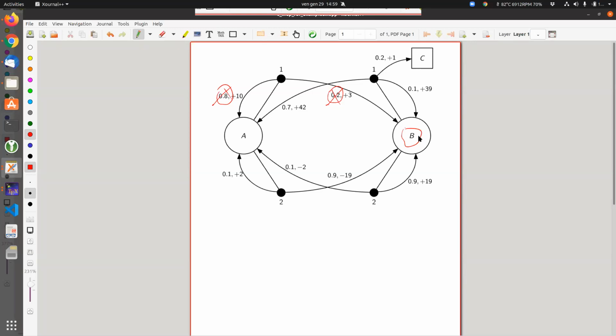Now, assume you want to estimate the value of A. You want your estimate. And this is a recursive method. So assume you already have an estimate for A. Let's say we have a V0 for the state A, and we want to compute V1 for the state A. What do we do?